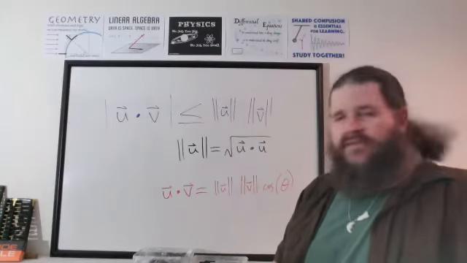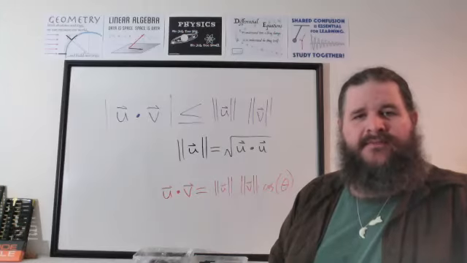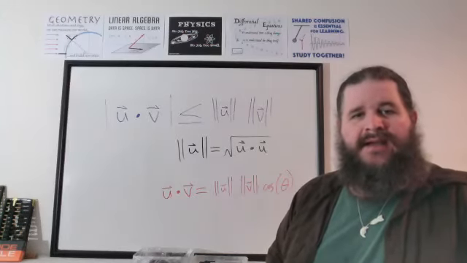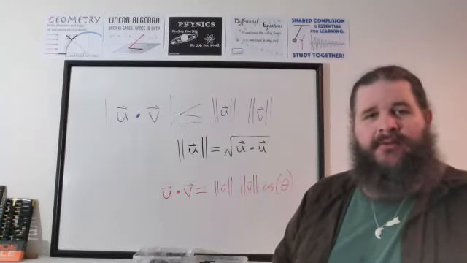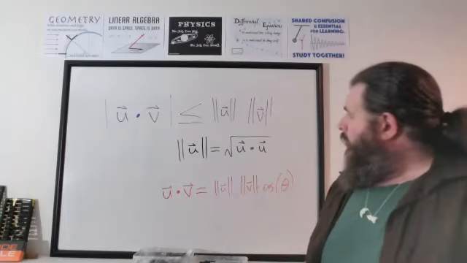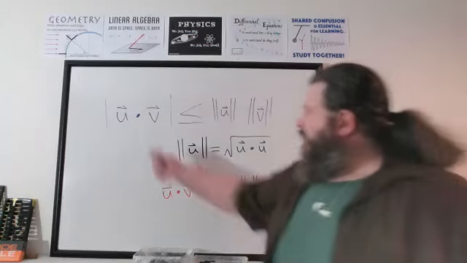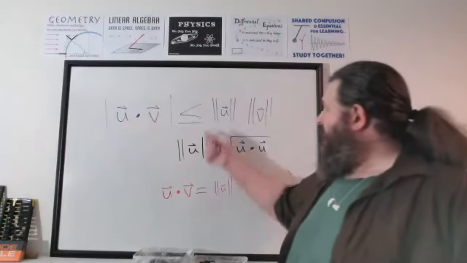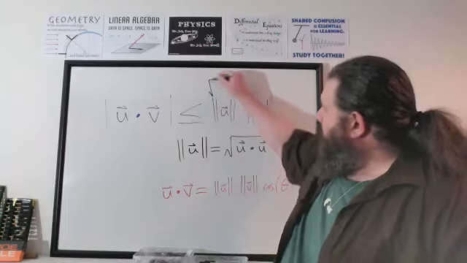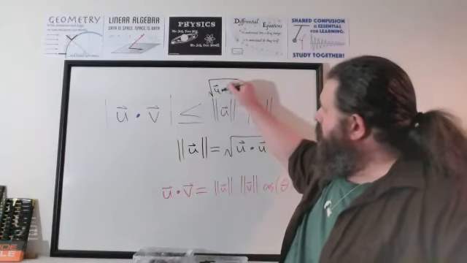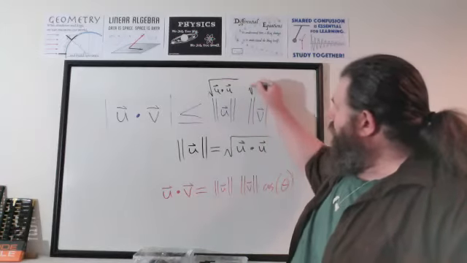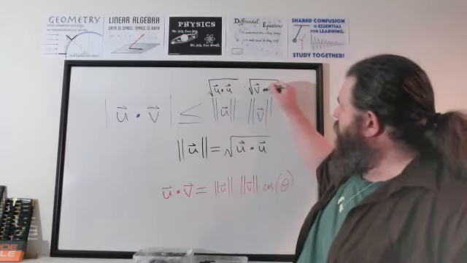So magnitude of u is defined as the square root of u dot itself. So you can always rewrite magnitude as the square root of a dot product with itself. So we're basically just saying that the dot product of u and v is less than or equal to the square root of u dot itself times the square root of v dot itself.